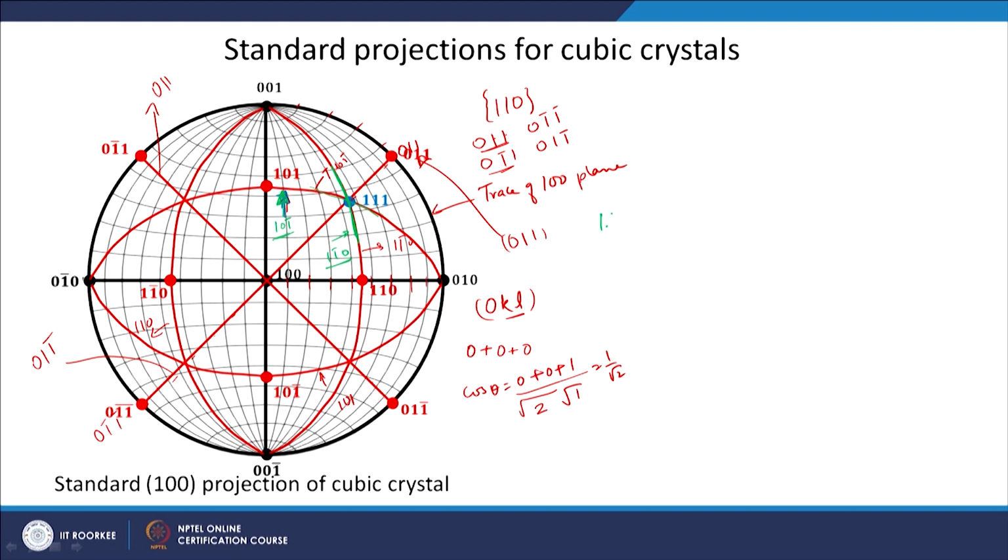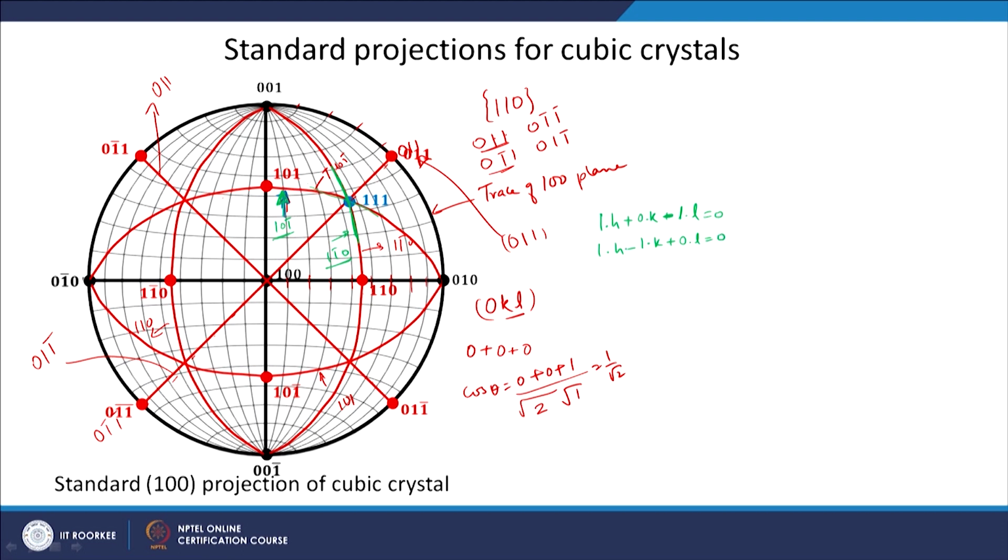It will be 1 into H plus 0 into K plus minus 1 into L, that should be 0. Similarly, for 1bar10, 1 into H minus 1 into K plus 0 into L equal to 0.